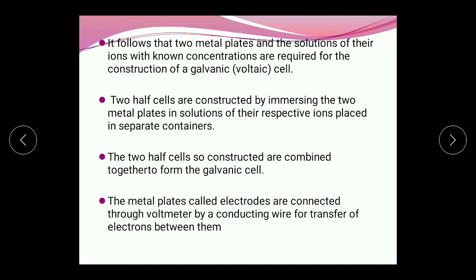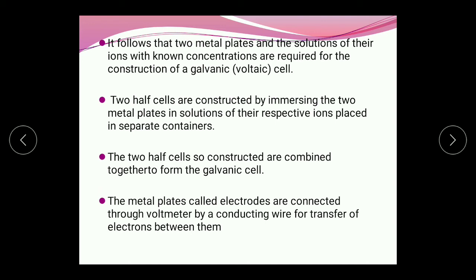Why voltmeter? Voltmeter will show you deflection, and when a reaction starts and the voltmeter shows deflection, that means current flows, that means the chemical reaction has produced electricity by transfer of ions. And to know that, we have to connect these metal electrodes by a voltmeter.